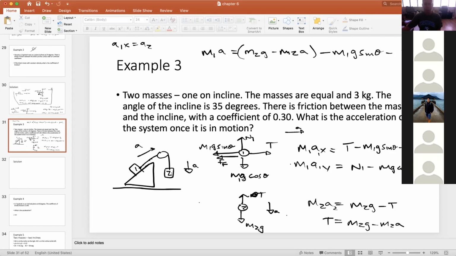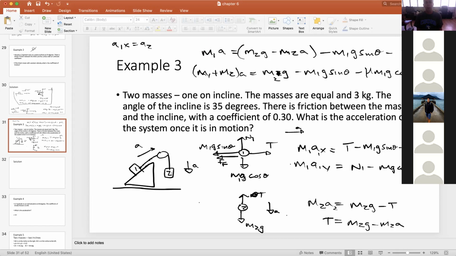Remember that this is mu n, but it's for the first mass. Doing that, move the a's to the same side: m1 plus m2 times a is equal to m2g minus m1g sine minus mu m1g cos. And you can plug these numbers in to get a.